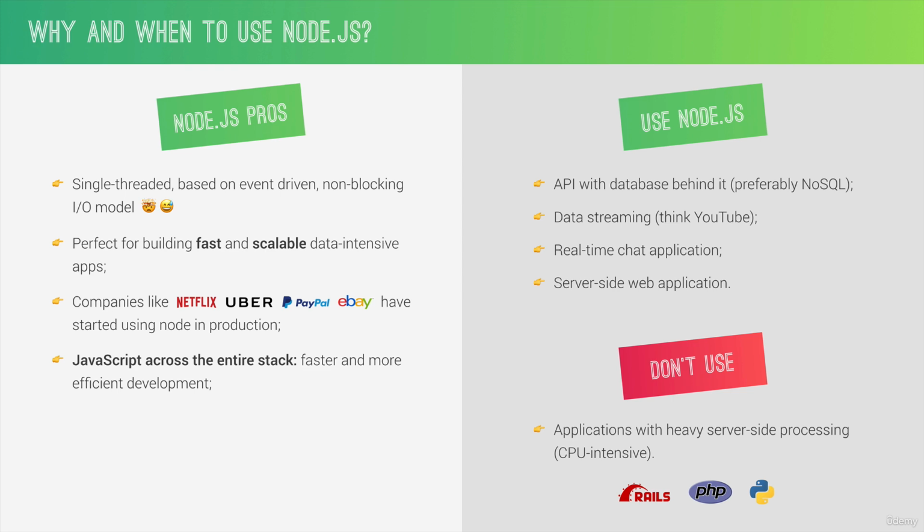First, you don't have to learn a new programming language for building your backend, and also you don't have to keep switching back and forth between languages, which will make the entire building process faster and more efficient. Believe me, it's really amazing to be able to use JavaScript to build your entire application from start to finish. It's absolutely fantastic, really.